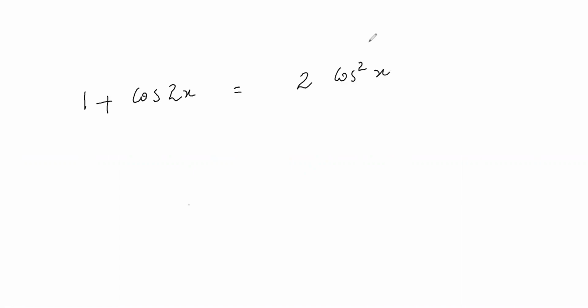Here again, what is happening? 2x half is x. Half of 2x is x. There is 1x. Correct? Similarly, what I'm going to do now is 1 plus cos x.